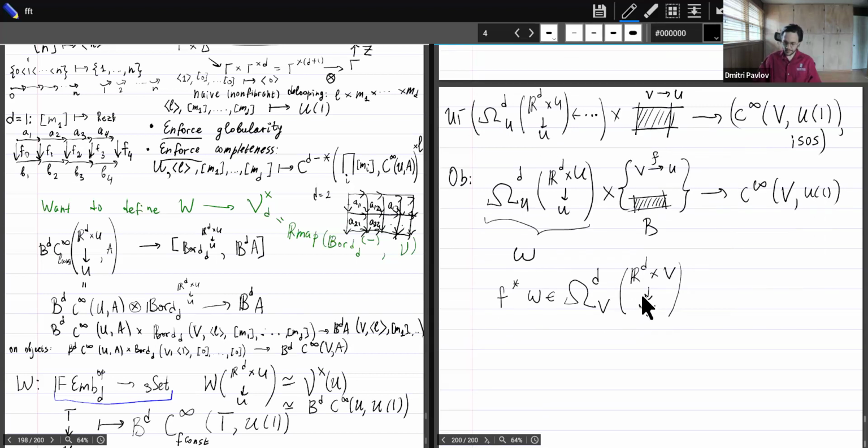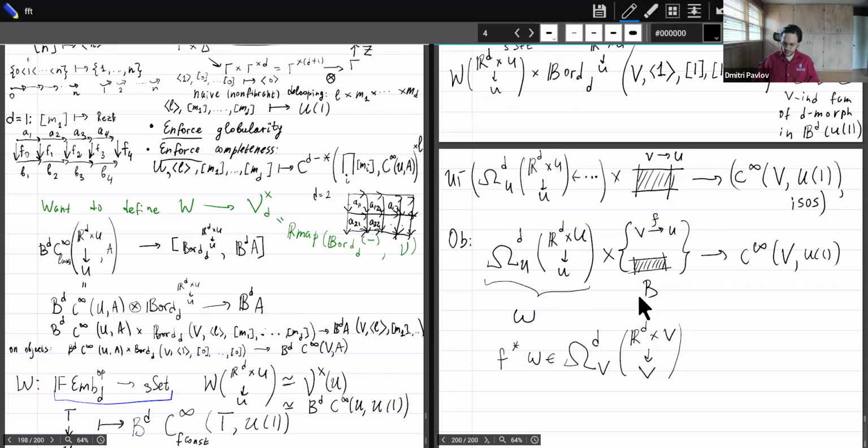Now, once I pull back and I have this fiber-wise form in V families on RD, let me recall that B is a V-indexed family of Bordisms embedded into RD.